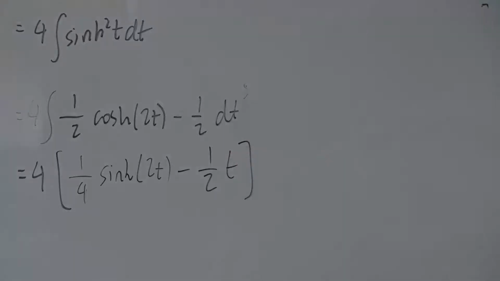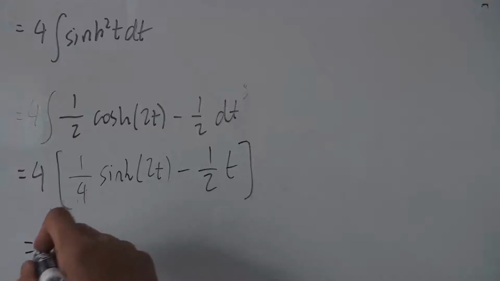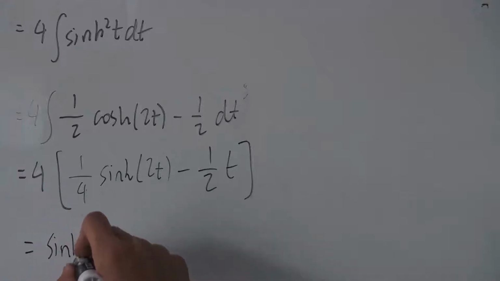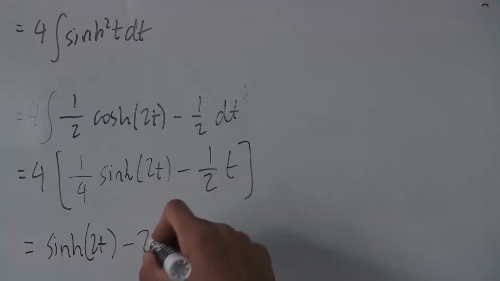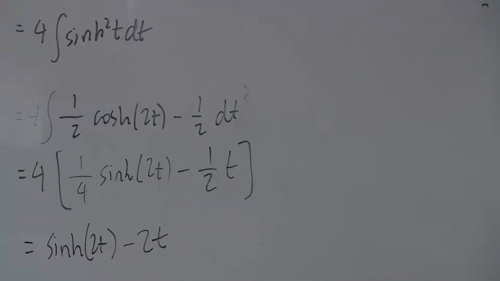t. Alright, so now we can distribute this 4 into everything. So we're going to get sinh of 2t, and then here we're going to get minus 2t, like so. So sinh of 2t, we can expand this using the double angle for sinh. So let me just rub this out.